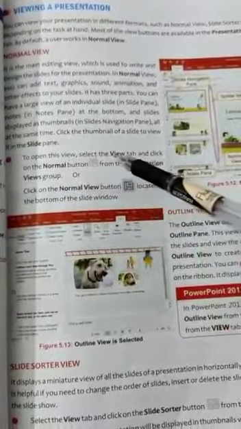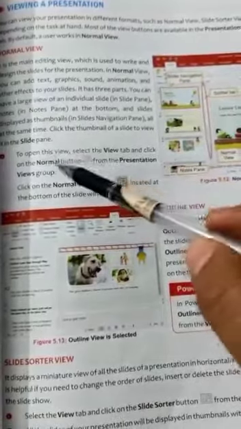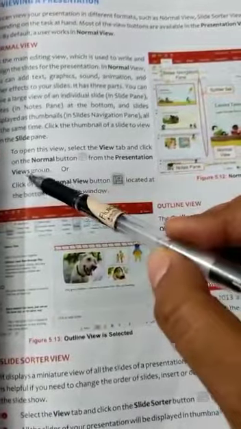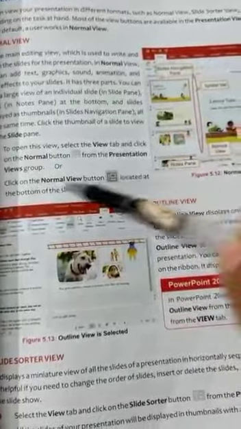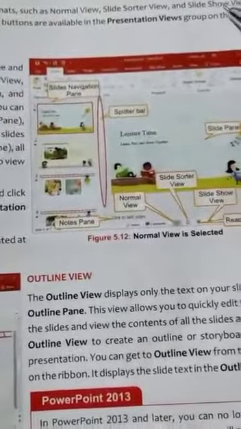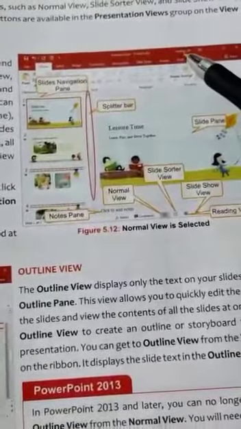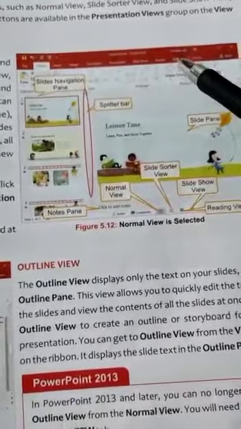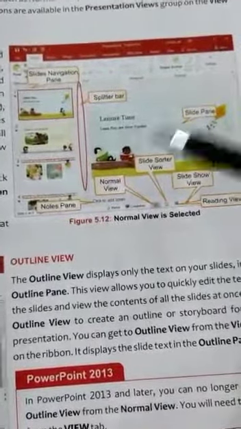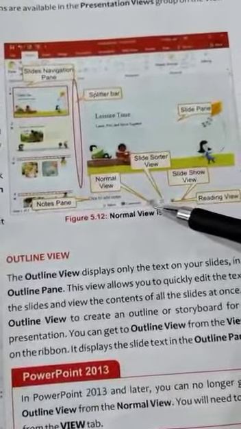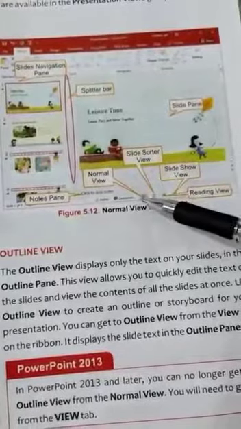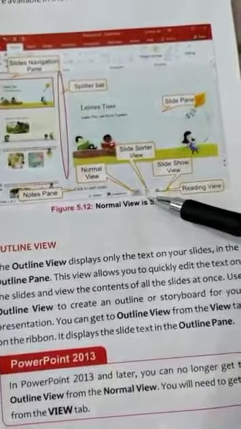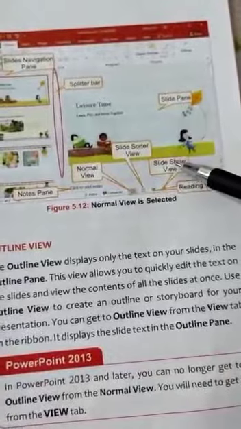To open this view, select the View tab and then click on the Normal button from the Presentation Views group, or click on the Normal view button located at the bottom of the slide window. Here, this is the normal view, this is the second view, slide sorter view, reading view and slideshow view.